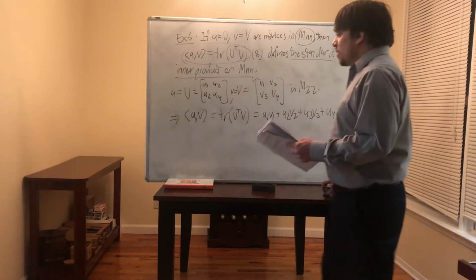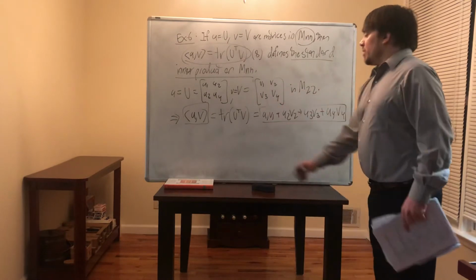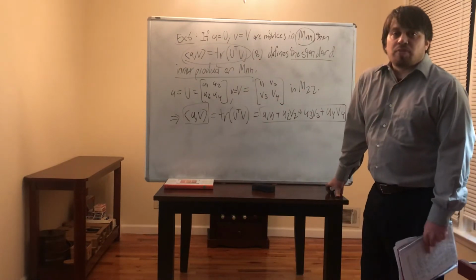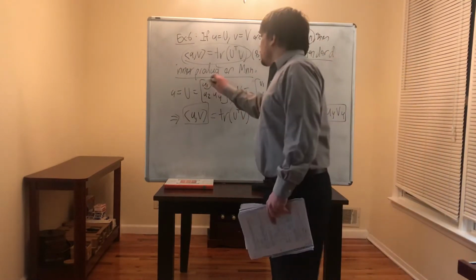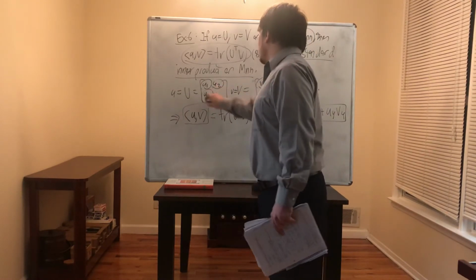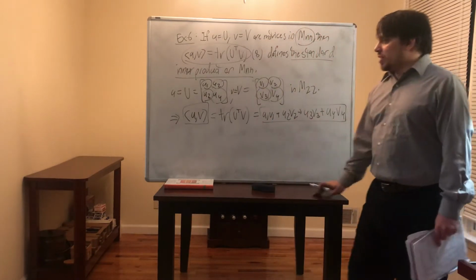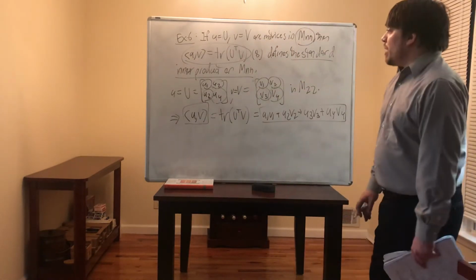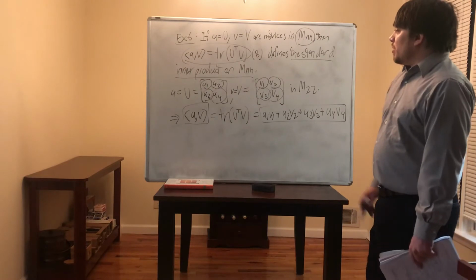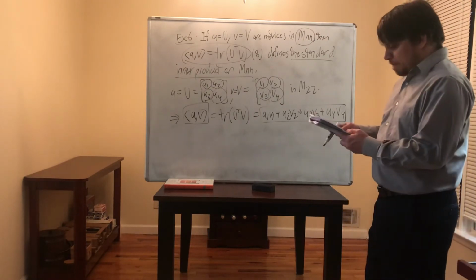So the inner product between these two matrices is equal to the sum of the products of their corresponding components. You would take this component, multiply it with this one, then add this times this, and add this times this, and then plus this times that. That sum of products is the inner product between matrices U and V with that standard inner product on capital M sub n.